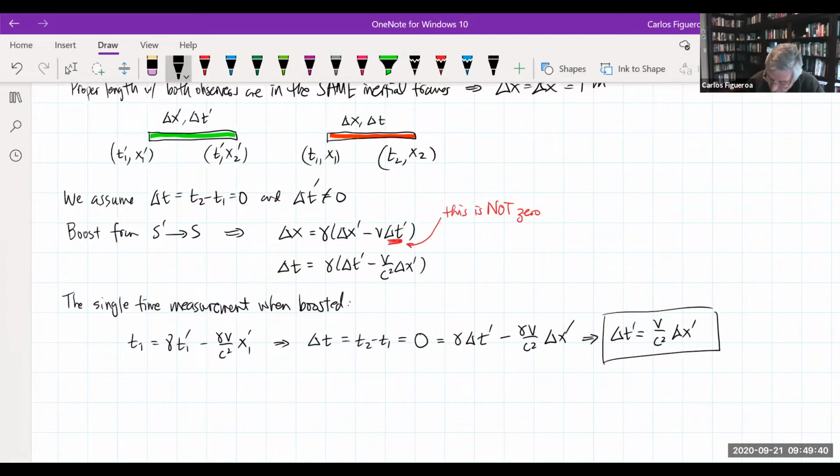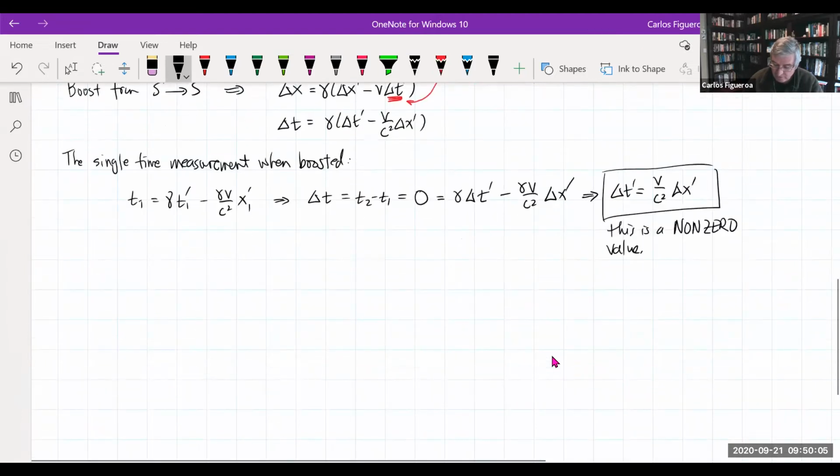right? So this is a non-zero value. And if you tried to do this with the Lorentz transformations, you would run into trouble because you're including a mixture of time and space, but you've got to isolate the distance.